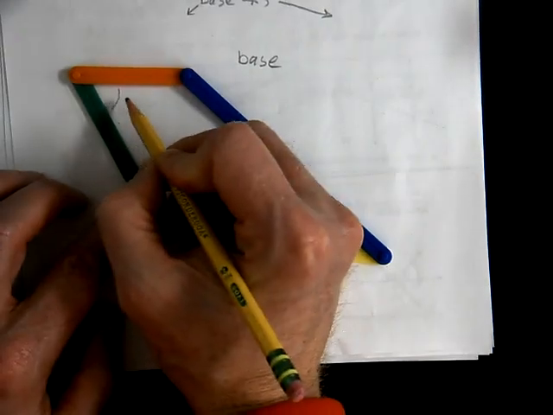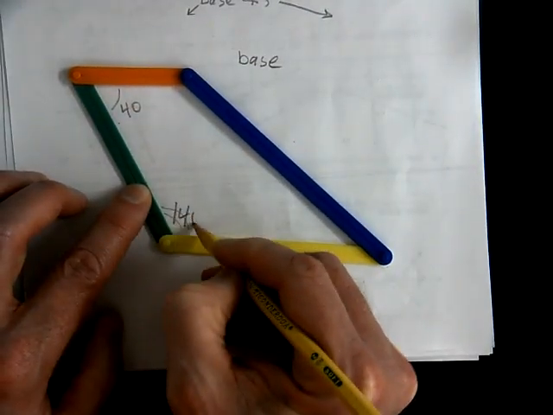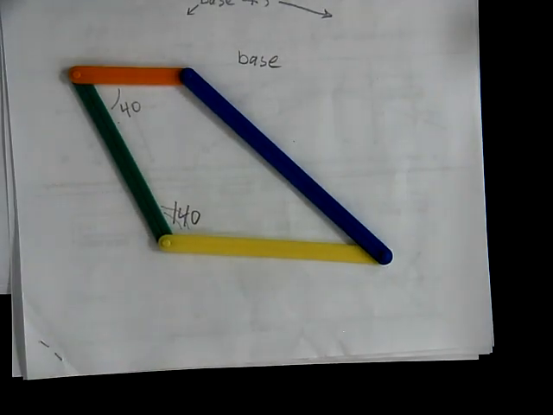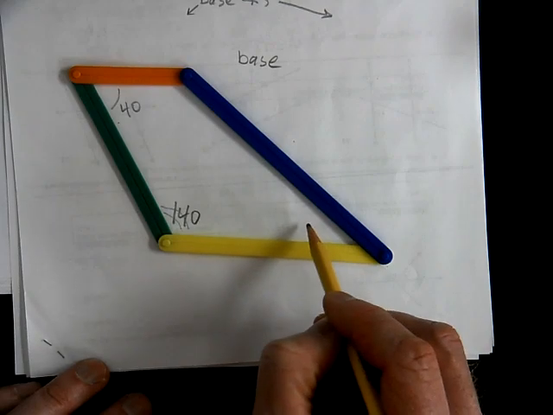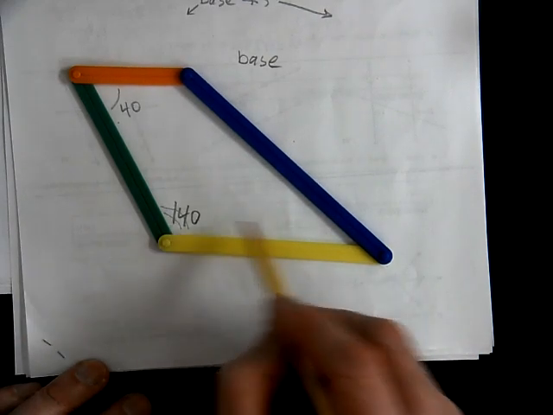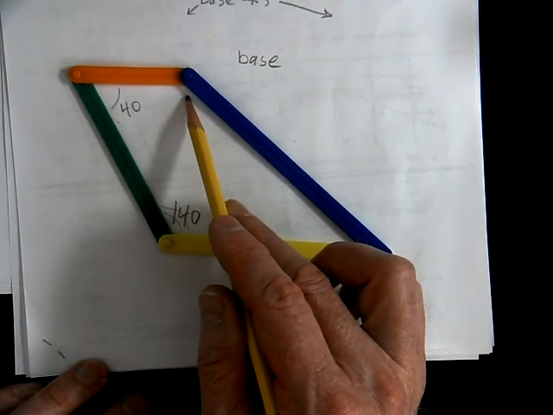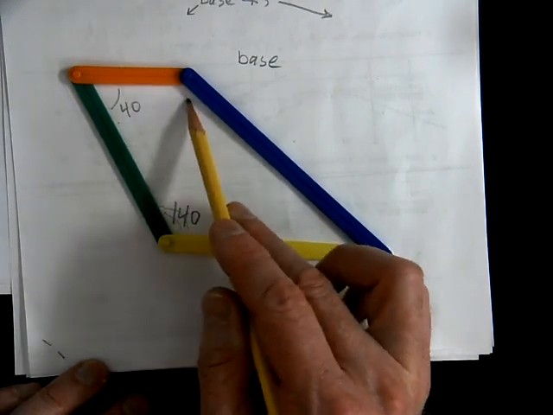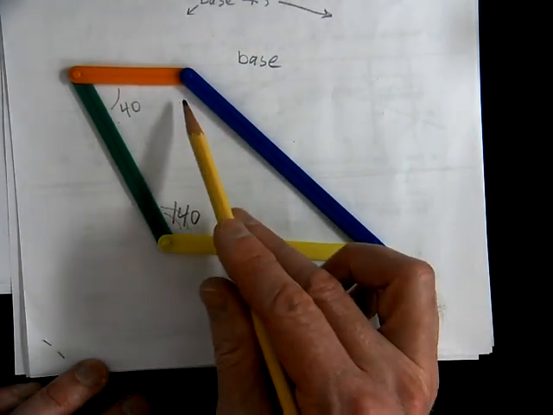So if you know that this is, let's call it 40, then you know that this one is 140. We don't know what this is. This is clearly different, right? It's acute. This is obtuse. We don't know what that is. That looks obtuse. So that's not true. You know these are supplementary also.